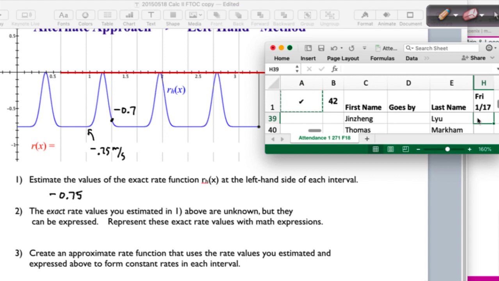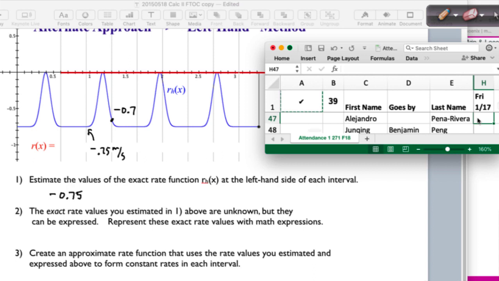Ginseng. Thomas. Max. Phoenix. Jake Olson. Jake. Becca. Evelyn. I know you. Andrew.